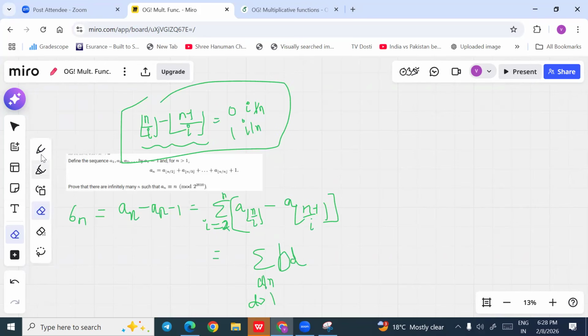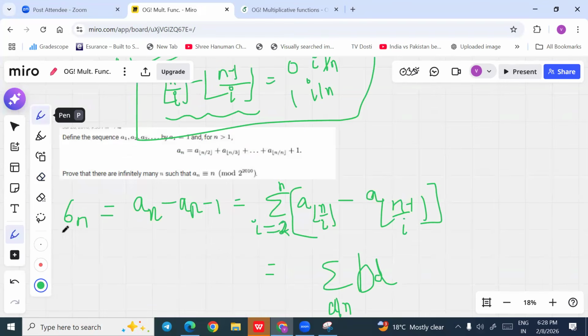So does everyone get this? Basically, this was the major idea, idea hashtag 1. Everyone gets this? What is the b here? Okay, we have defined b_n to be the difference of consecutive elements. Oh yeah, sorry. So do you get this basically?